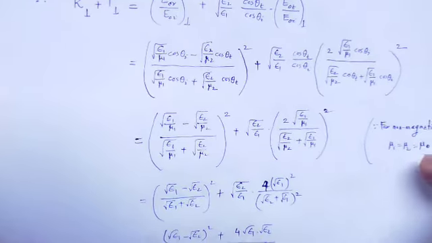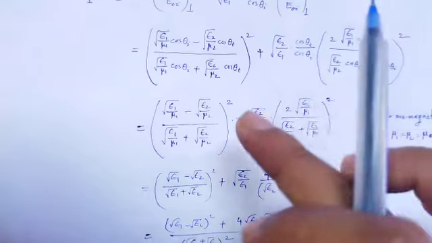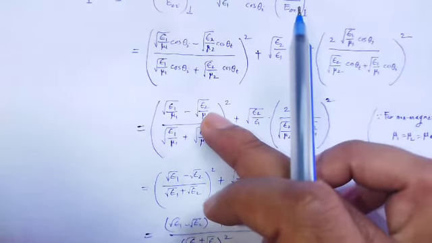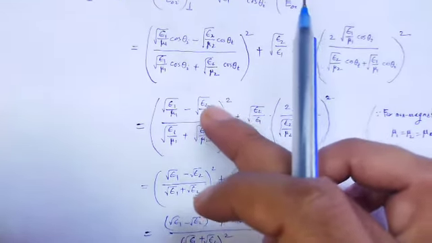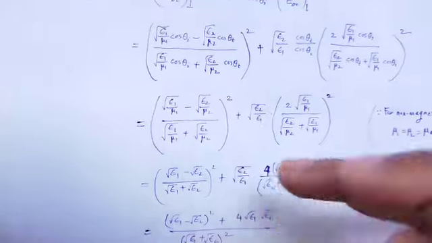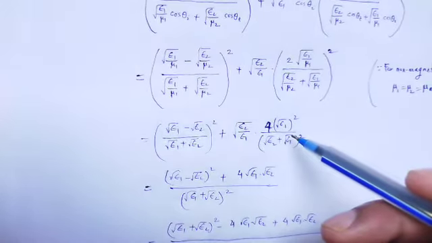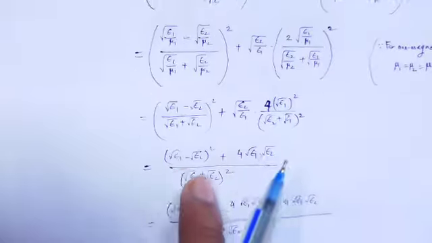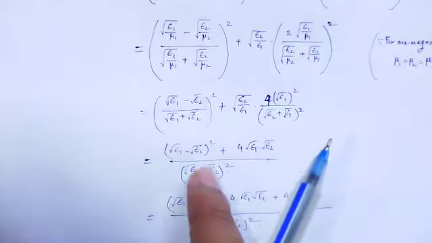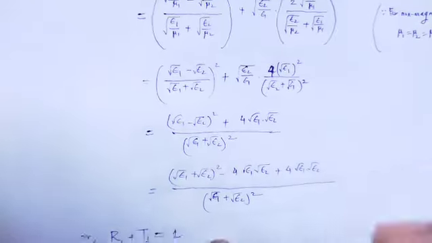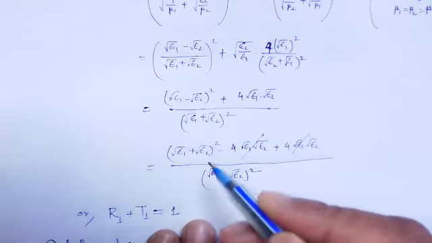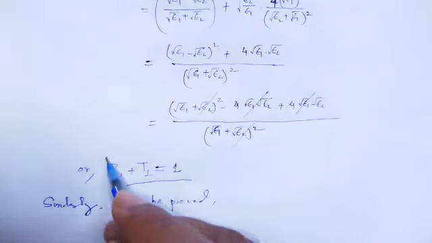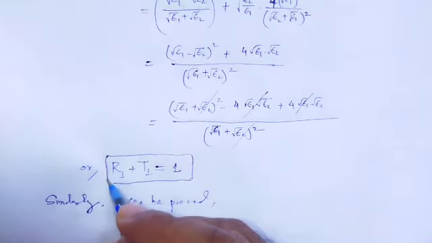For non-magnetic media, mu 1 is equal to mu 2 is equal to mu naught; in the numerator and denominator mu naught is the LCM and cancels out, and you obtain this form. Simplifying and using a minus b whole square equals a plus b whole square minus 4ab, plus minus cancel out and squares cancel out. So we obtain r perpendicular plus t perpendicular is equal to 1.